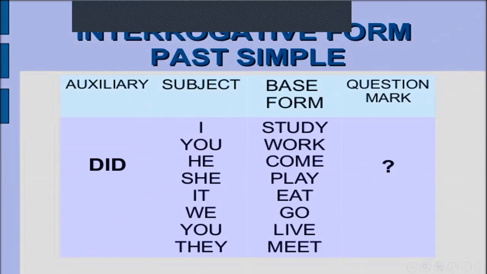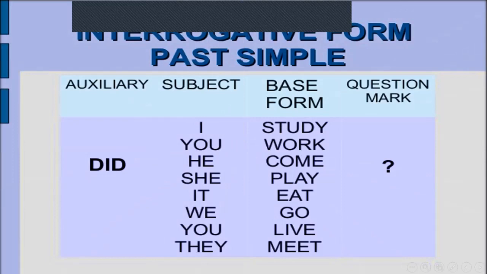Now, my students, we will know how to make yes and no question in the past simple tense. Yes and no question in the past simple tense consists of auxiliary verb did, plus subject.